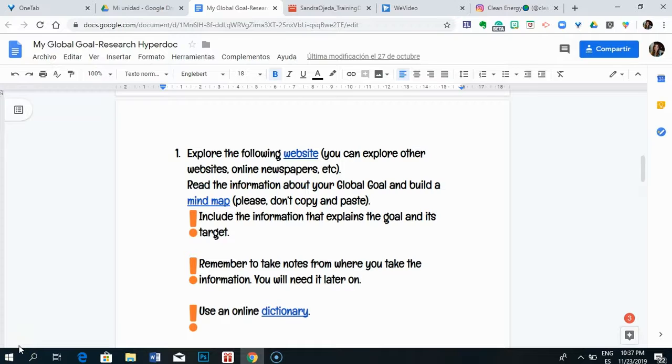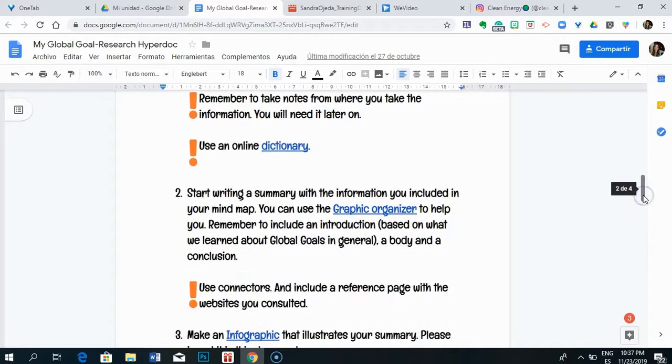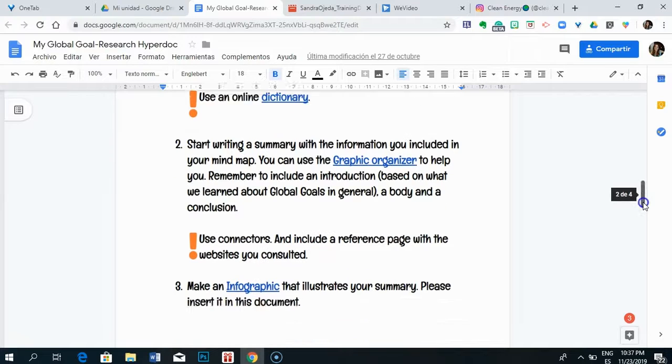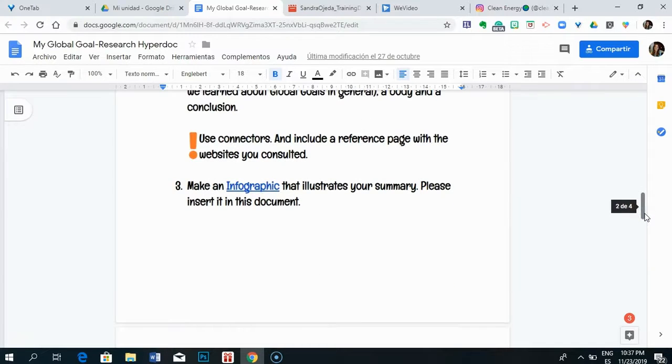I suggested using MindMeister, but there were groups who used GoConqr, which is another wonderful tool to make mind maps. Then, with the information they found, they had to write a summary, and following that, they had to illustrate their summary by creating an infographic using Canva.